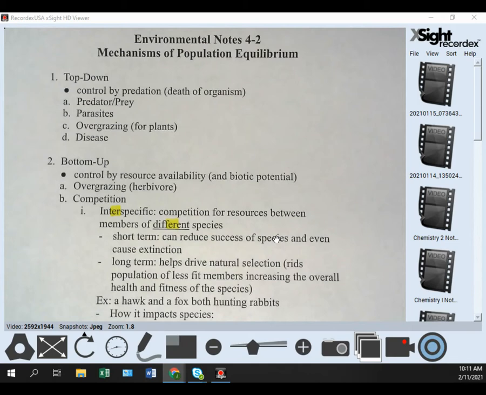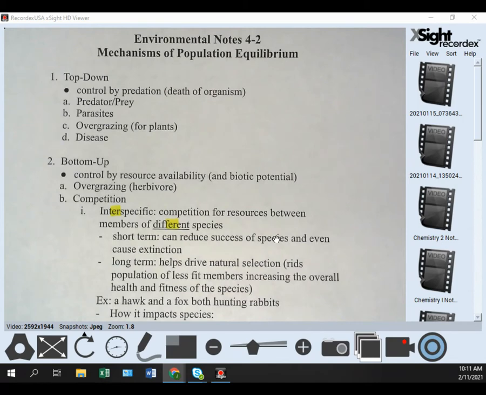I don't want somebody to say, oh well, Humer said bottom up is only something not being born. I just try to simplify. There are some exceptions, but in general, this is limiting the amount that's reproduced.